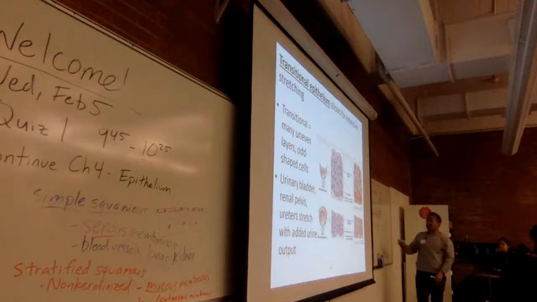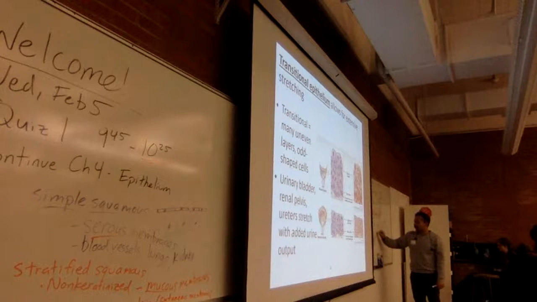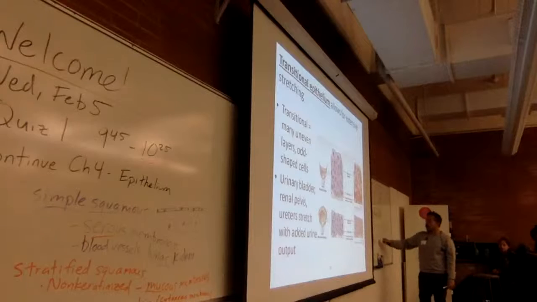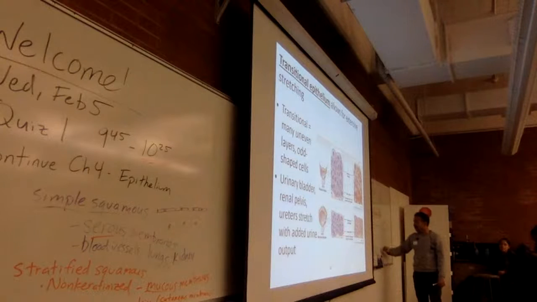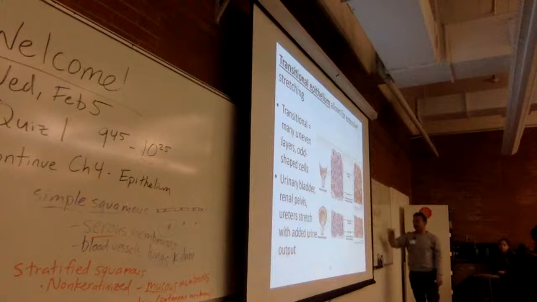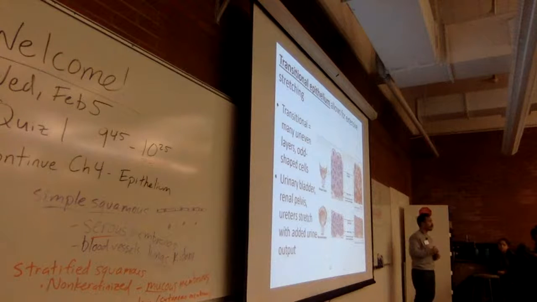Here, the layers are not very distinct. Like you've got one cell here, one cell is cuboidal, another cell here is columnar, so it goes down another level. And it's all just kind of piecemeal of differently shaped cells. So you can't see any actual layers going on. It's all just all over the place.